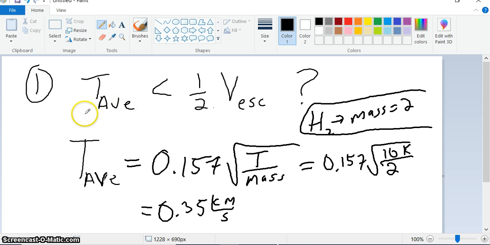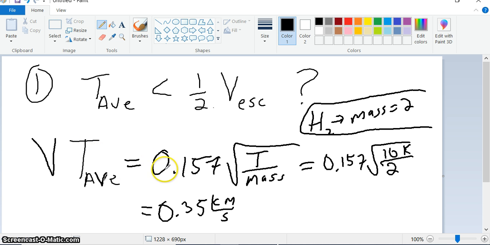Let's figure out what the average kinetic, the average velocity due to the motion. Right. So this velocity comes from the average temperature of the cloud.